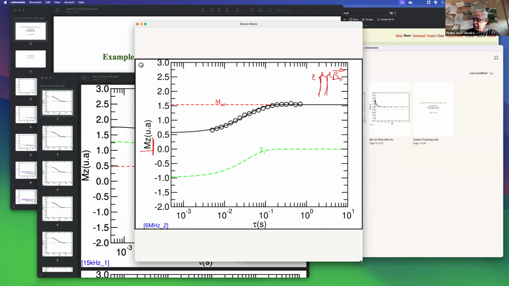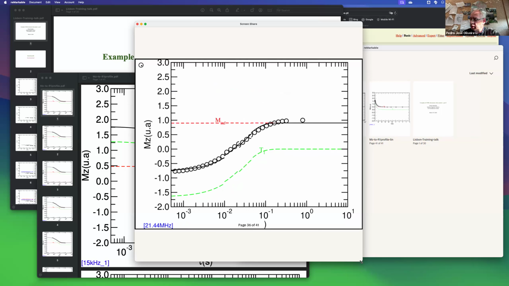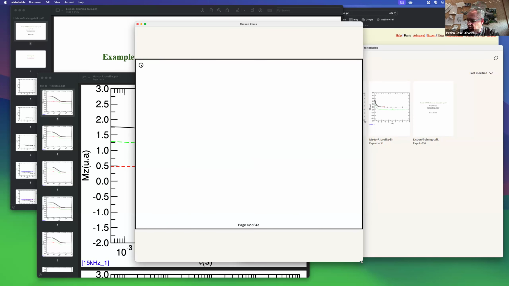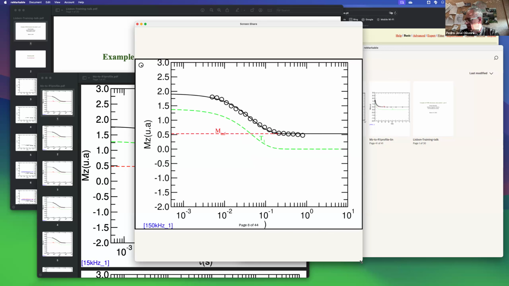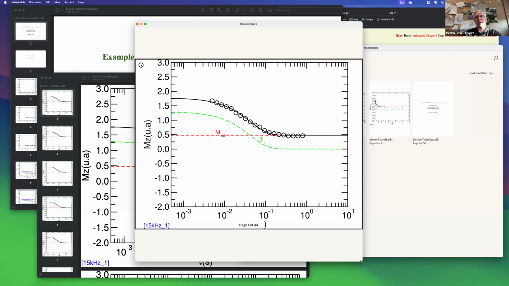And what we have is always this type of representation. This is what we had in this representation.